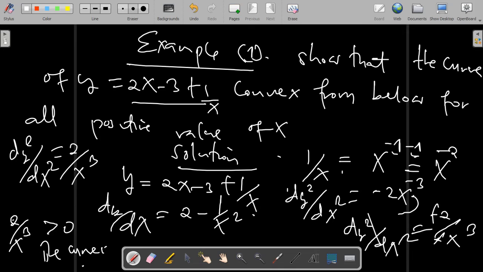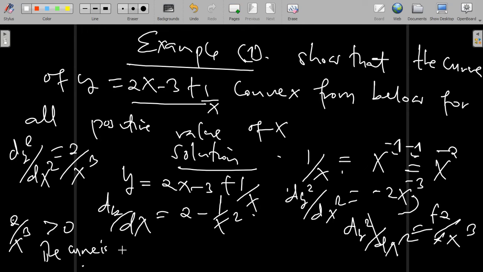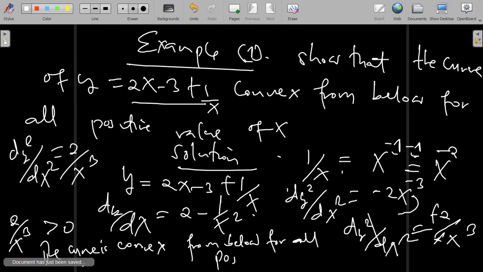The curve is convex from below for all positive values of x.